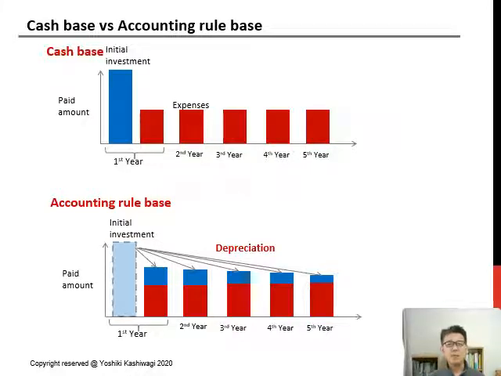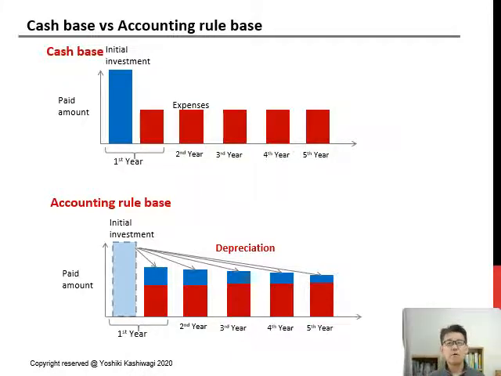So in which case do you need to depreciate? There are many strict rules, but let's say if you invest a huge amount, and what is a huge amount? Something like you buy a new building, new machine, or even a car, you depreciate for a certain number of years, and the accounting rule specifies how many years you depreciate for a certain asset.